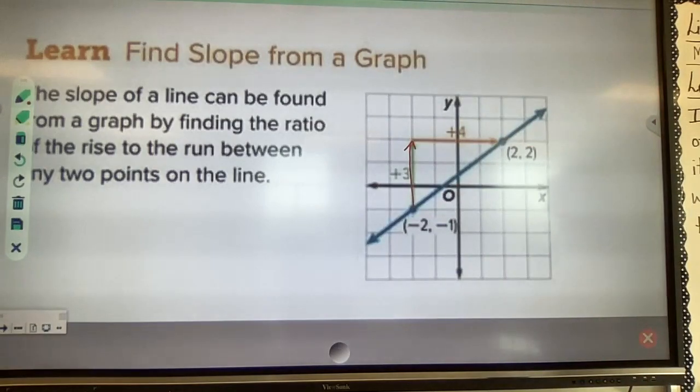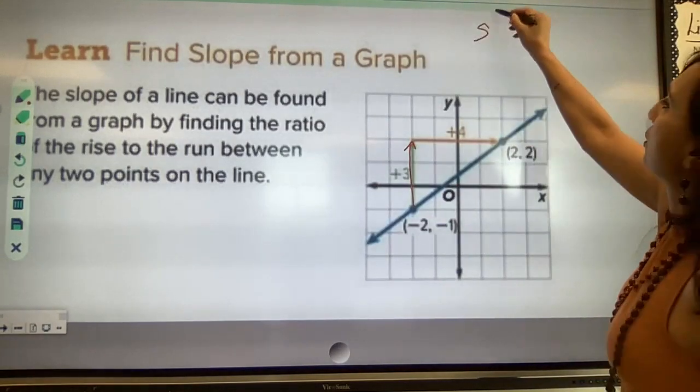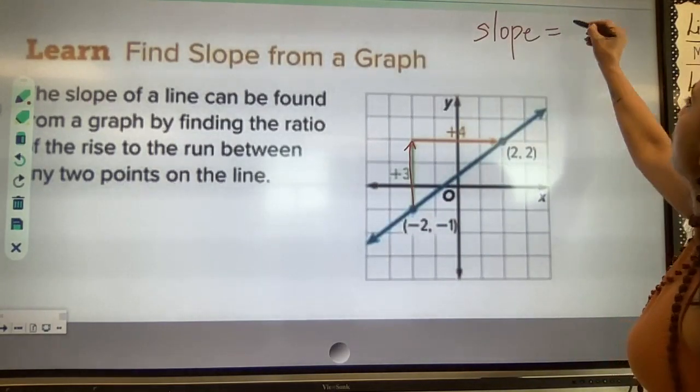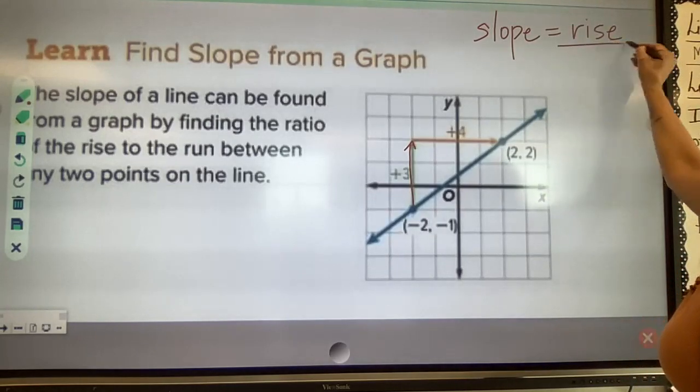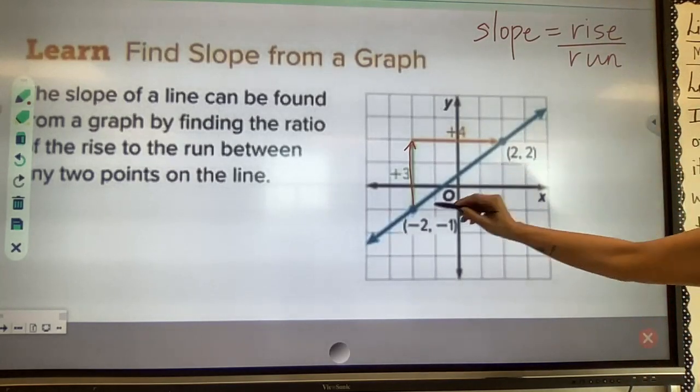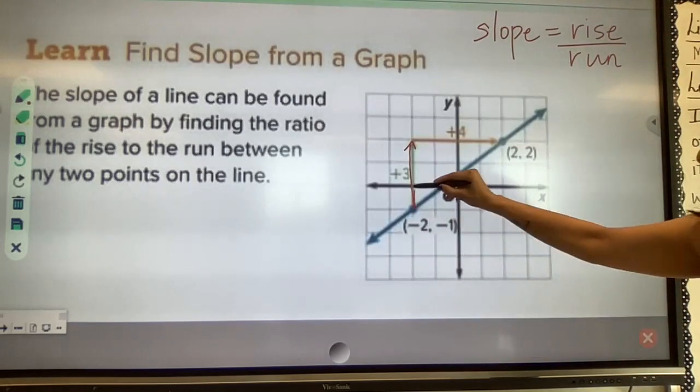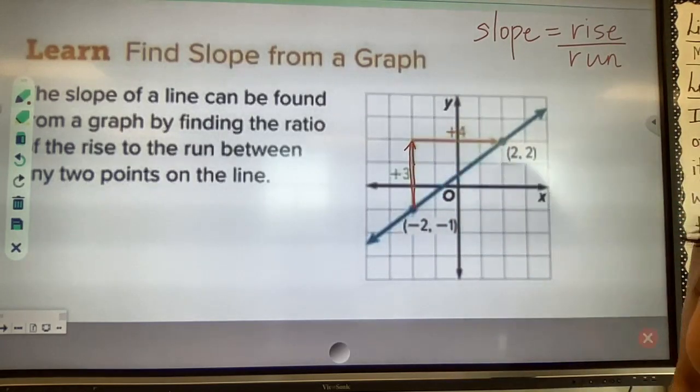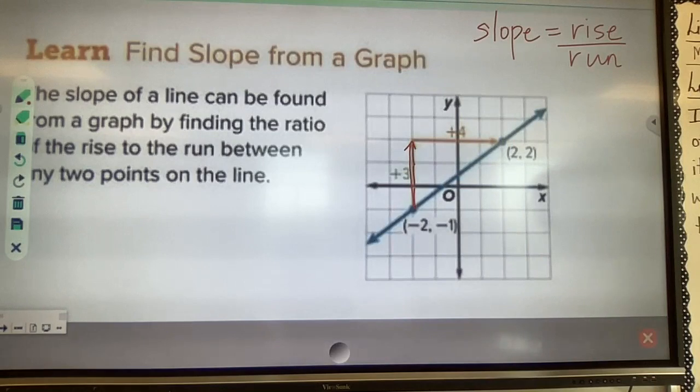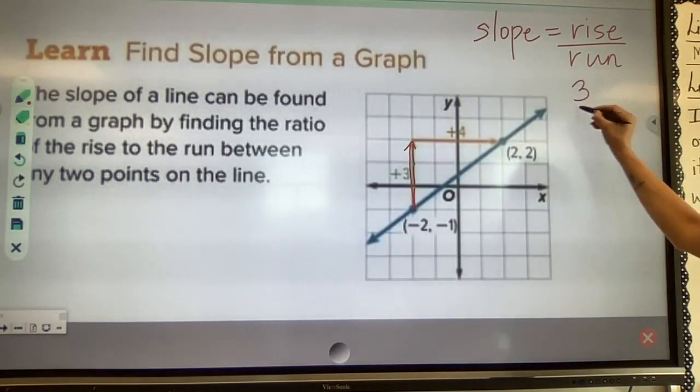All right. And so when I'm saying slope is rise over run, rise is my vertical change. So I can see this is 1, this is 2, and this is 3. Right? So we have gone up 3 over here, and that's what my vertical change is.